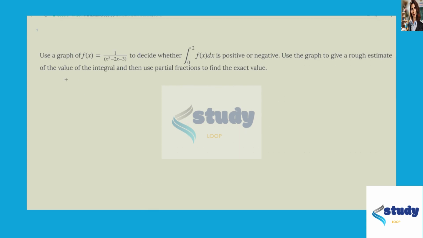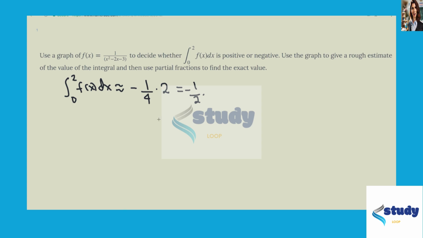So we'll just say the integral from 0 to 2 of f of x dx is approximately negative 0.25, so let's write that as a fourth, times 2, which was the length. This is negative 1/2, so that's a rough estimate.